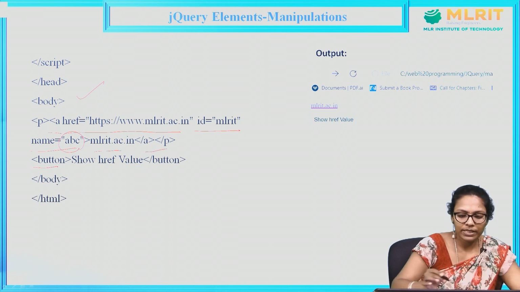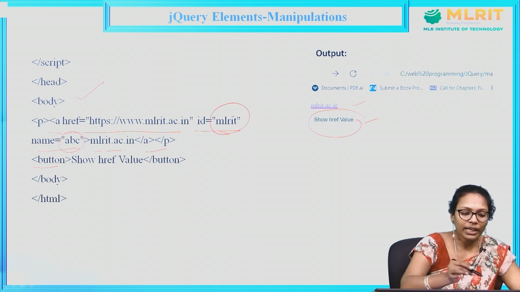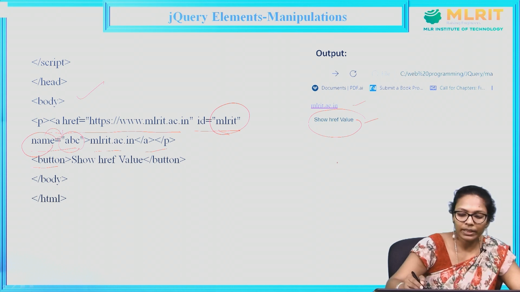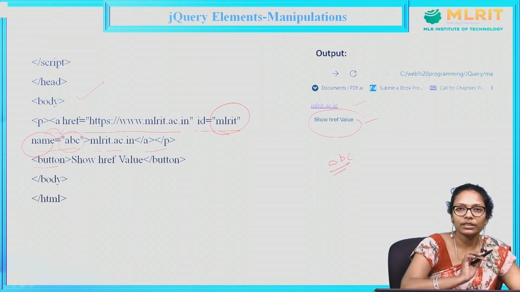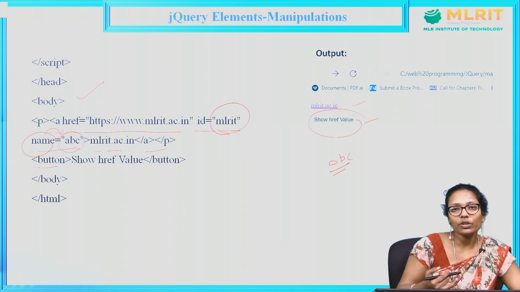If I click on this button, the element which has the ID MLR-IT also has an attribute called name, and the value present at name will be returned. So ABC will be retrieved here. Whatever you write under this name will be retrieved. That means name is an attribute, and I am just retrieving that.